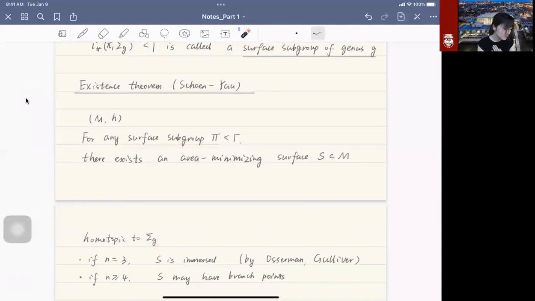And the result says that there must exist an area minimizing surface S that is homotopic to Sigma_g. And to be clear, I also want to say that the inclusion from S to M is a branched immersion.